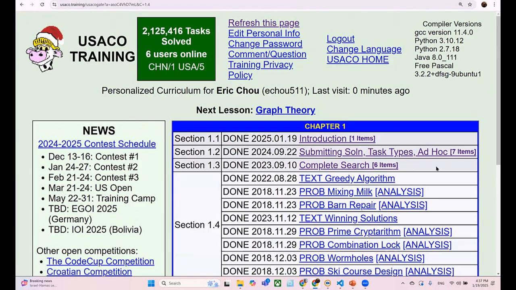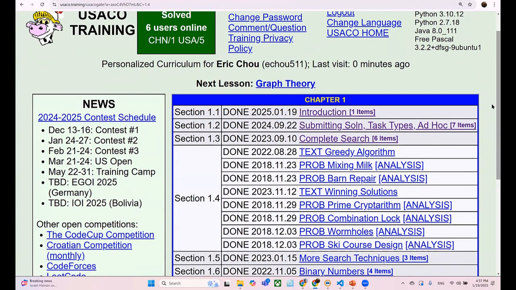Okay, let's see. Greedy algorithm. I think we never worked on any one of them. Okay, let's go for a little bit of the greedy algorithm. Let's get started so we can continue, okay? So next one is the greedy algorithm.